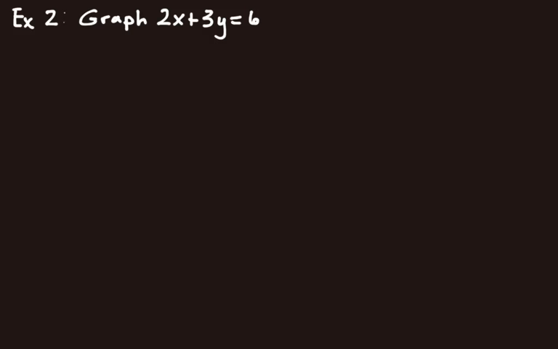All right, so what would we do first in order to solve for y? So we're going to subtract the 2x from both sides. Minus 2x. So that's going to end up with 3y equals negative 2x plus 6.